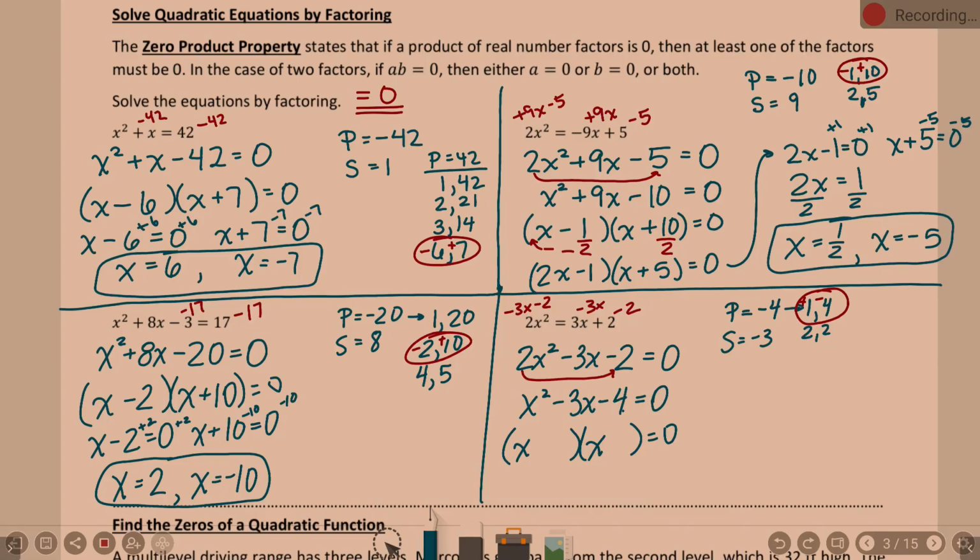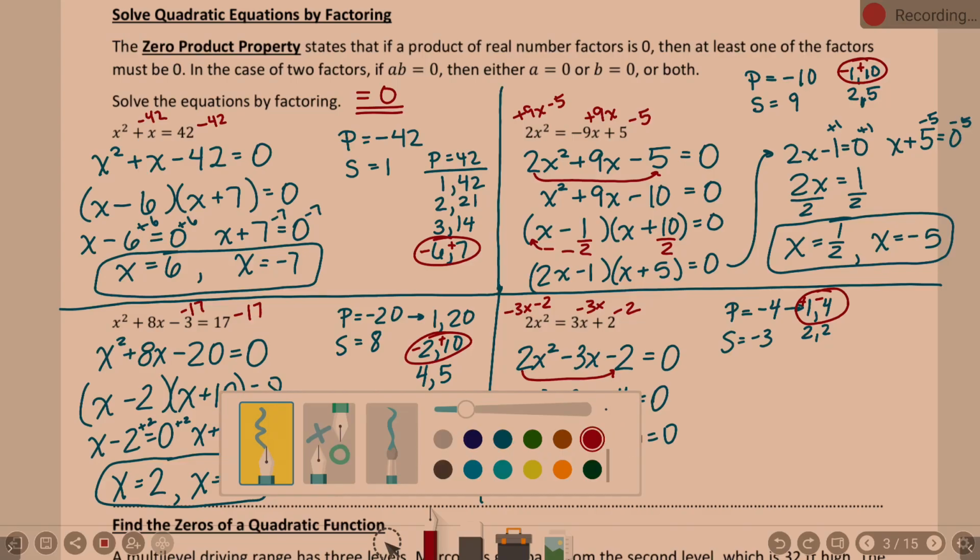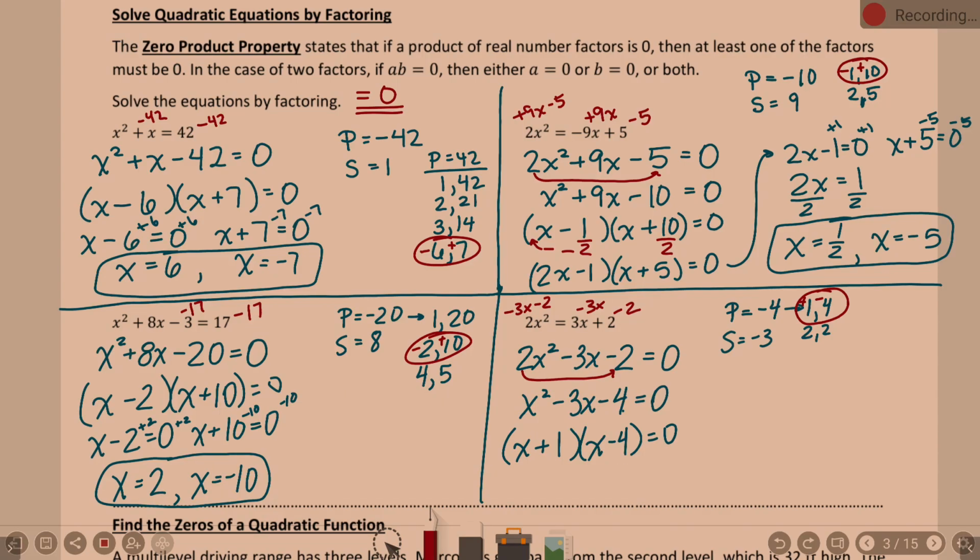X plus 1, x minus 4. Now what? Which step did you do next?